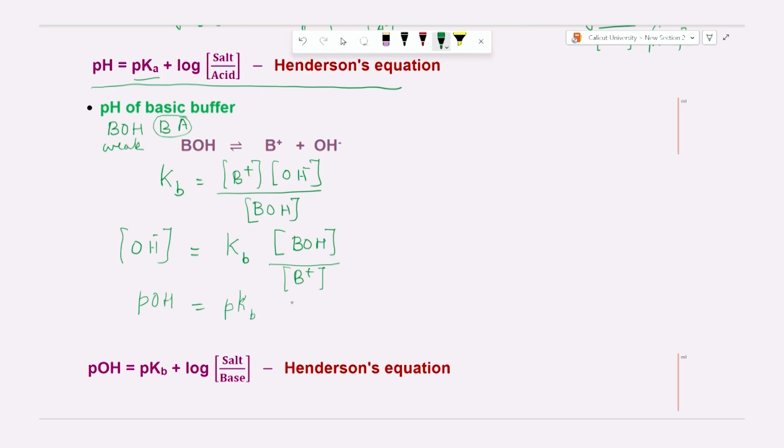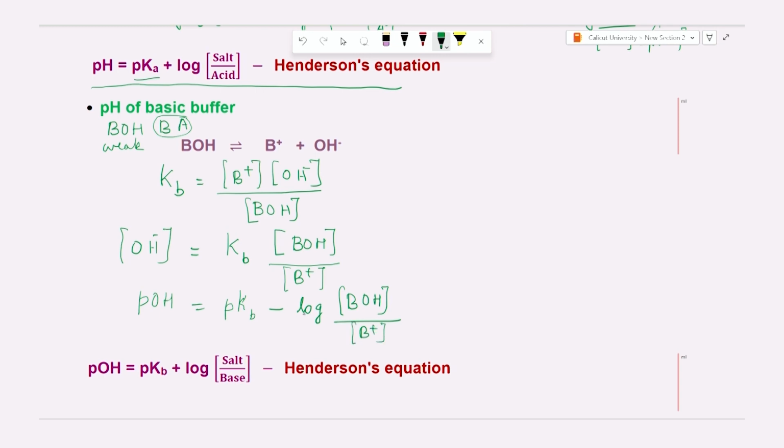I am writing it in a single step because it is similar to the same derivation which we have done just for an acid. Now, here I am putting it together, not plus, that will be minus, negative logarithm, minus log of the concentration of BOH divided by the concentration of B plus.